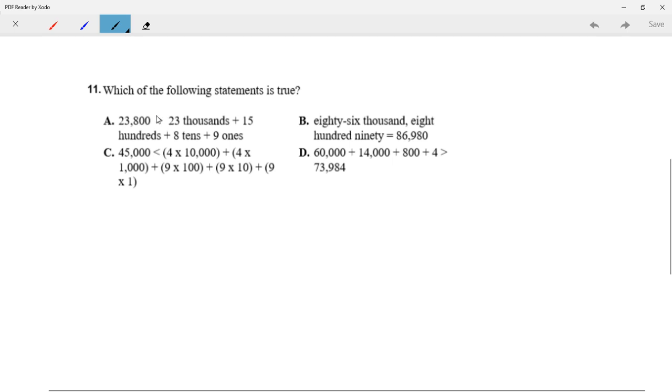On this one, we have 23,800 is greater than 23 thousands plus 1500s plus 8 tens plus 9 ones.